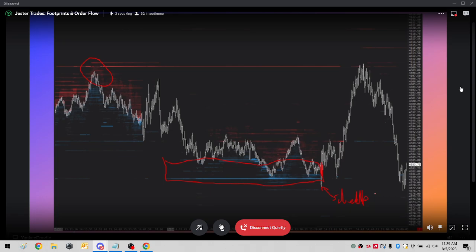Another question here: high volume nodes, usually where the most liquidity seems to be. Not necessarily. A high volume node is where liquidity existed historically. If you look at the order flow, for example this picture here, where I've drawn that big rectangle around 4580, that's not a high volume node.